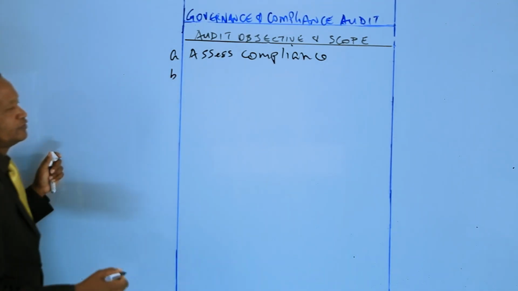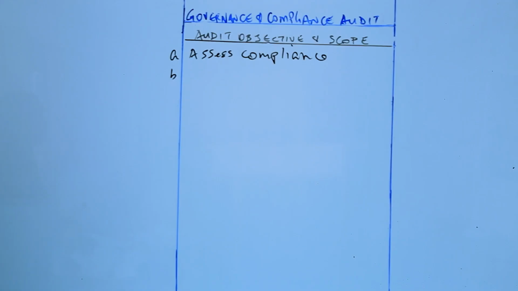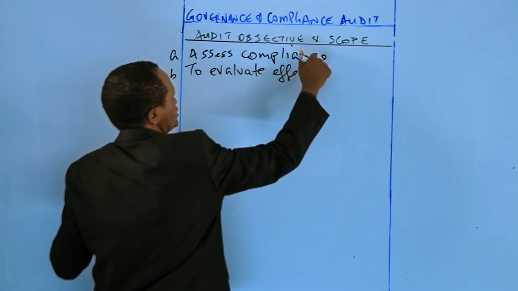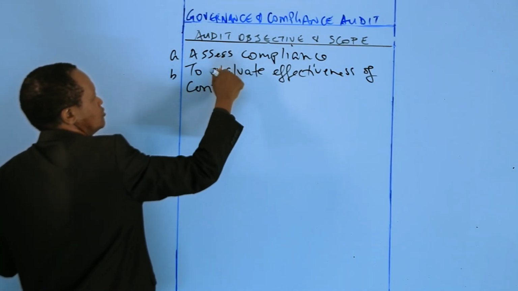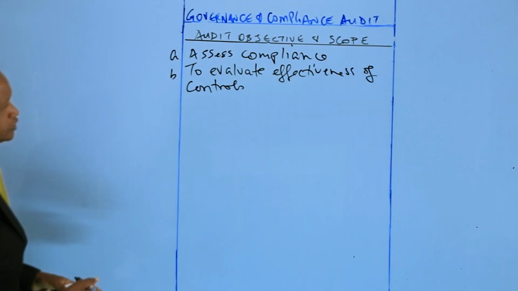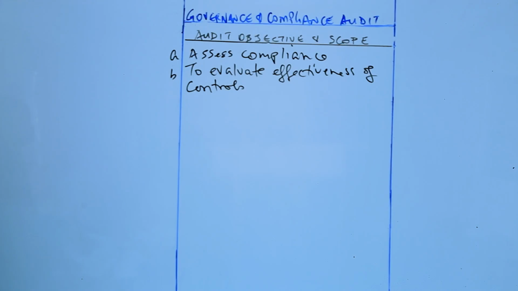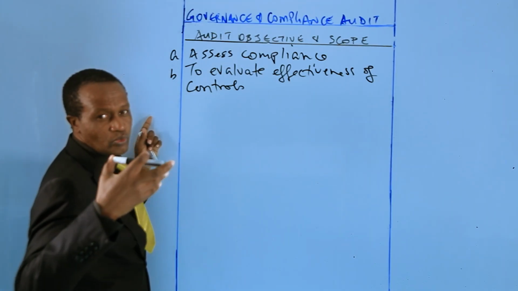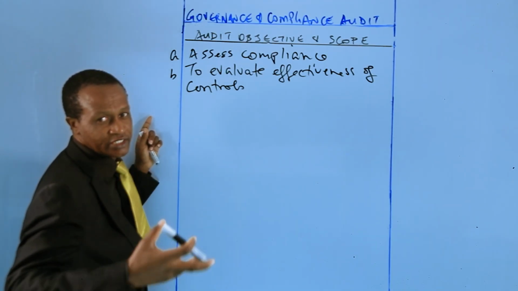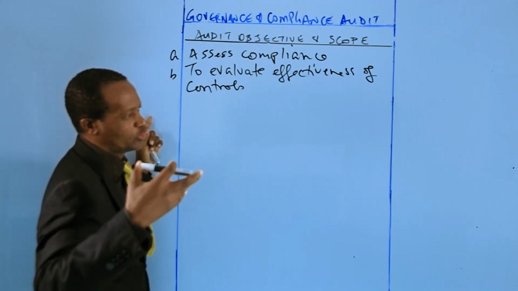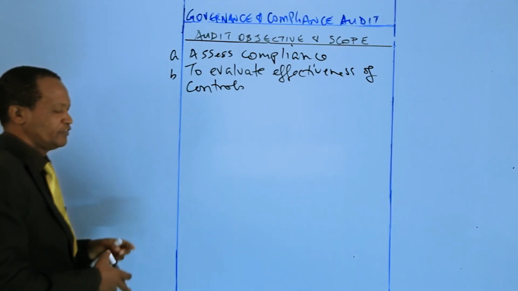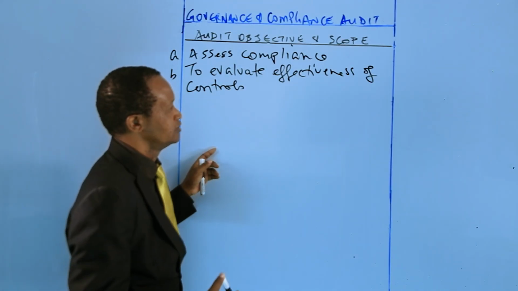The second audit objective is to evaluate the effectiveness of controls. This objective goes beyond simple compliance and looks at whether the controls designed to ensure compliance are actually working as intended. Every company has internal controls.